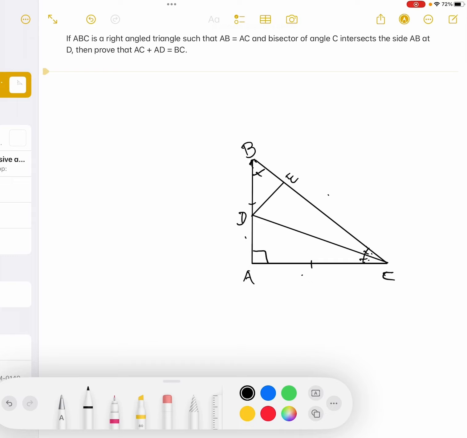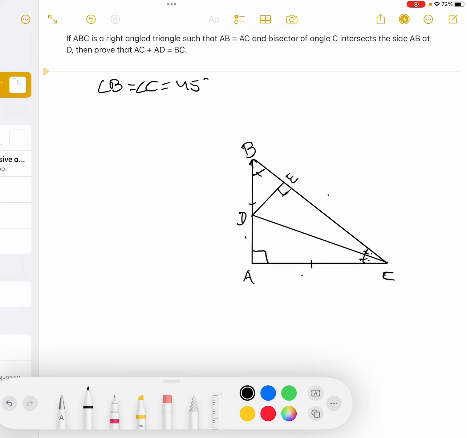After dropping the perpendicular, before we prove the two triangles to be congruent, we have to note that angle B is equal to angle C is equal to 45 degrees. This will be important for us. Now, as this is a perpendicular, this is a 90 degree angle.